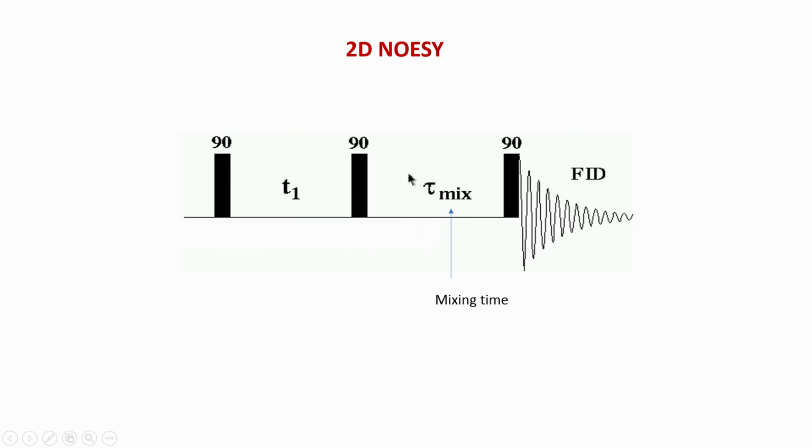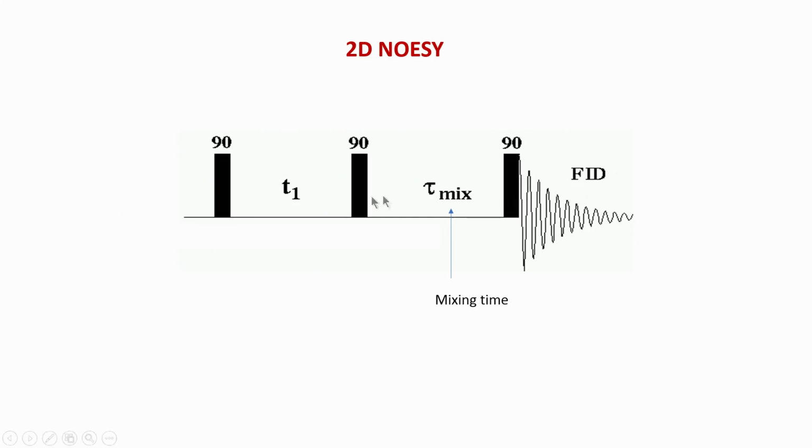What is important is that the polarization transfer which happened during this period is captured in the cross peak between T1 and T2. This was the basic idea of 2D NOESY, which I have mentioned very briefly. You can go back to the first part of the course or read the several standard books which give a very good and detailed explanation of this pulse sequence.